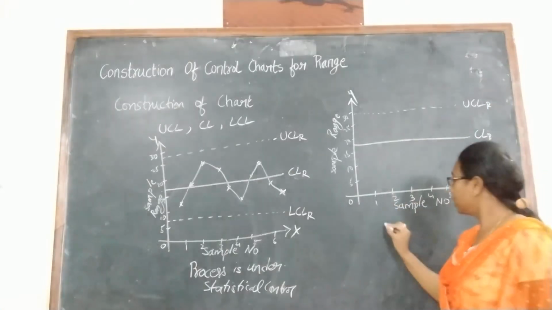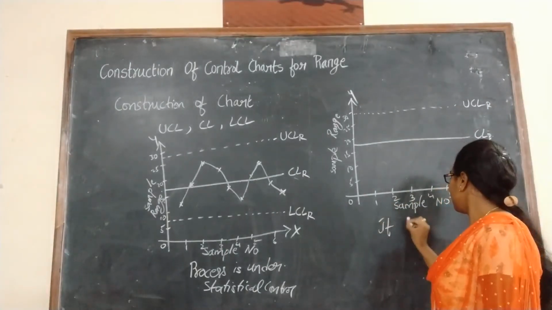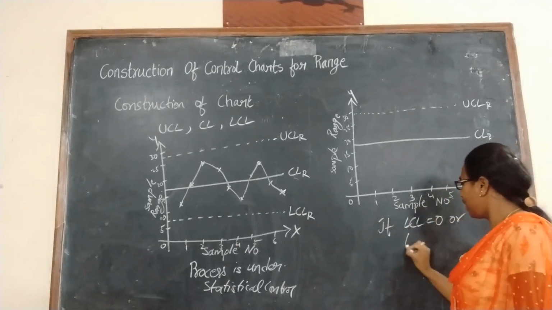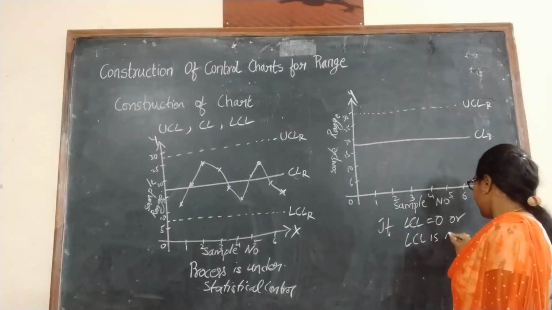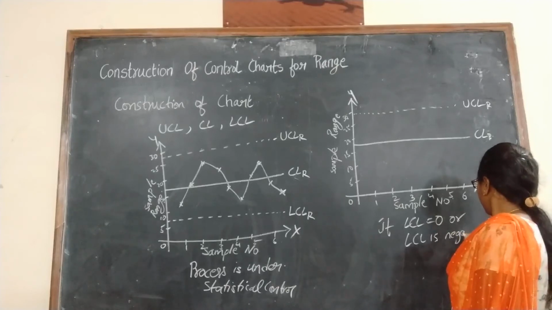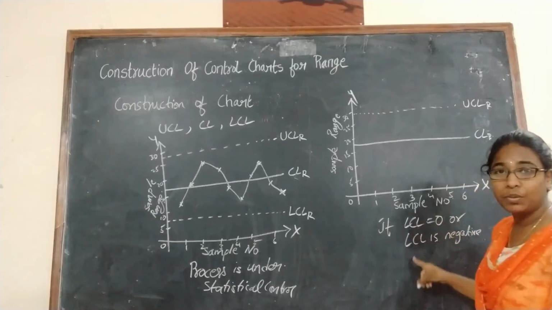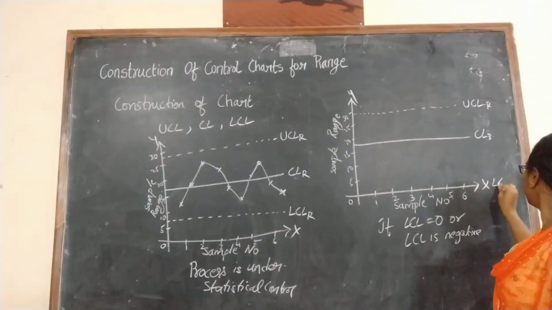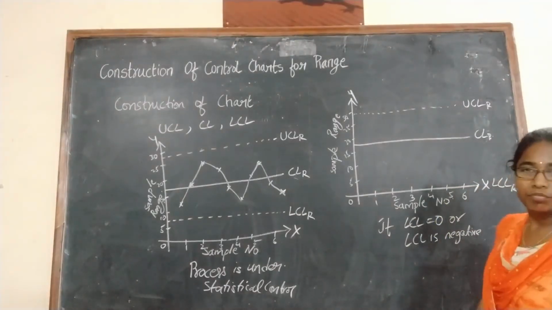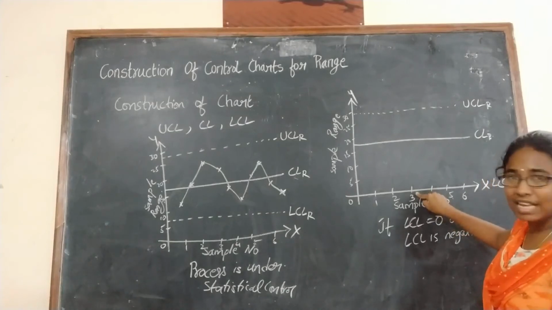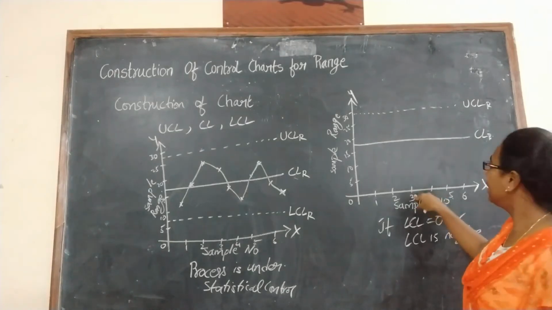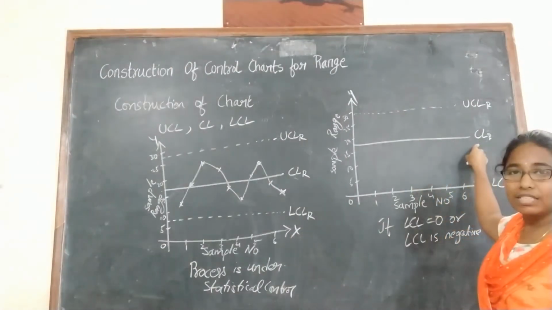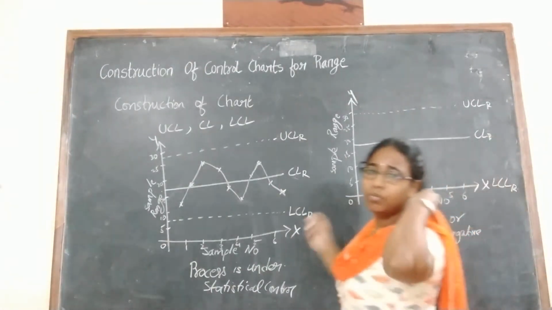And suppose if LCL equals to 0 or if LCL is negative, so in these two cases we will take this x-axis as your LCL. So this x-axis will be your LCL, and the UCL you will be getting it, and CL is the dark horizontal line.